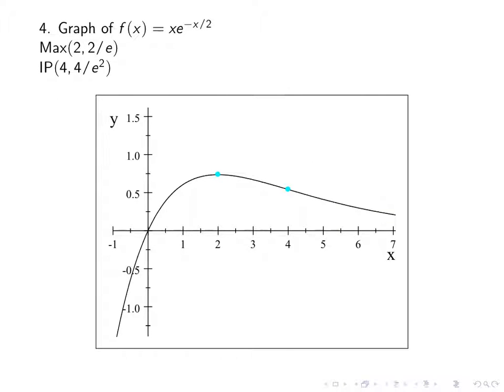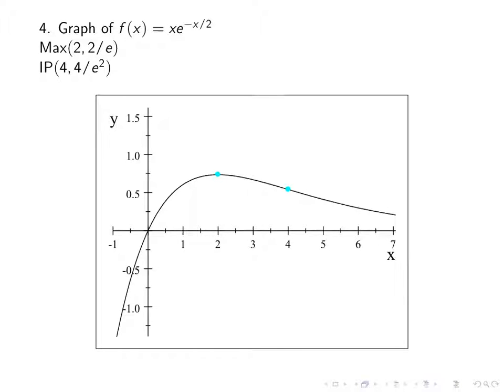Here's the graph of f of x, which was x e to the minus 0.5x. Okay, the local max was at 2 over e, so that is the first blue dot there.